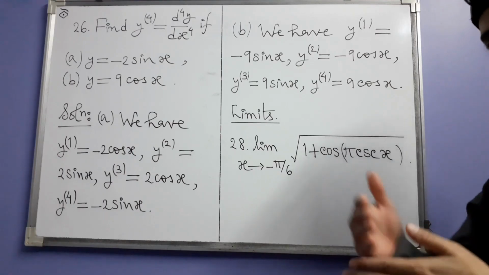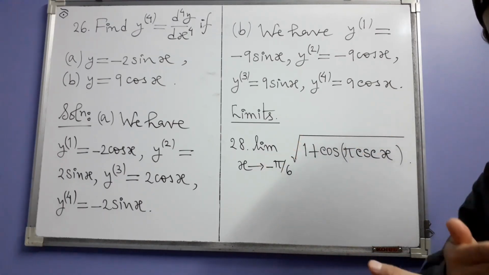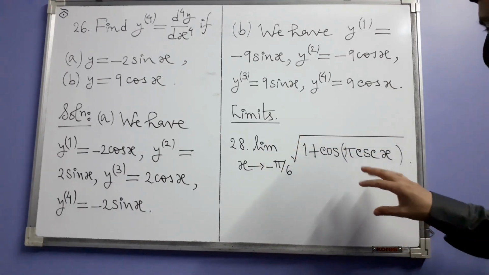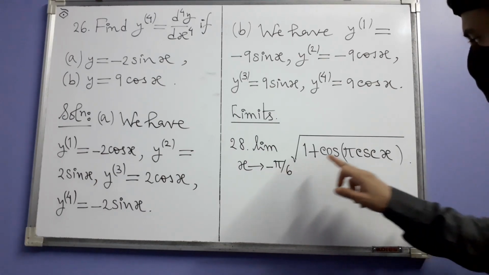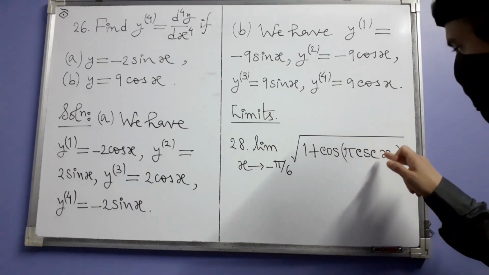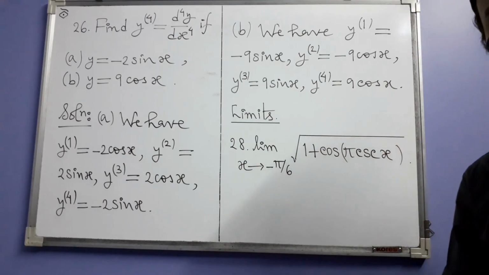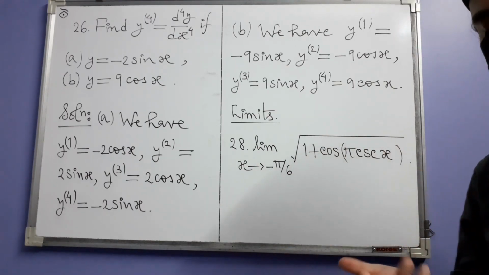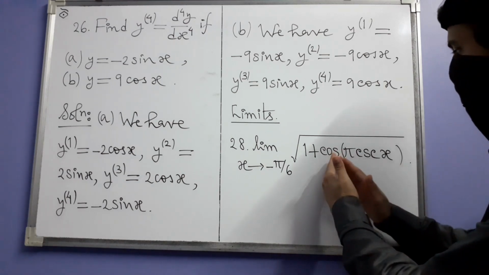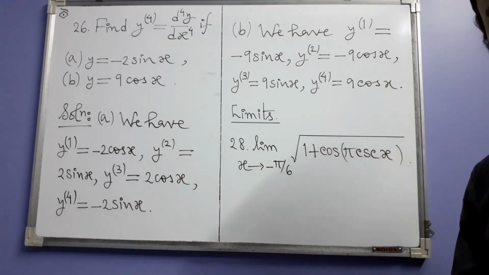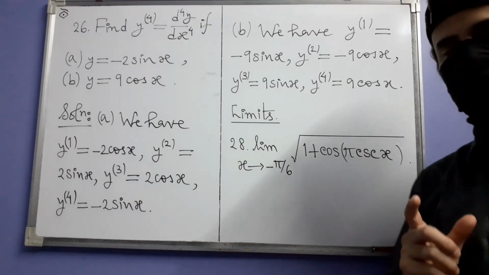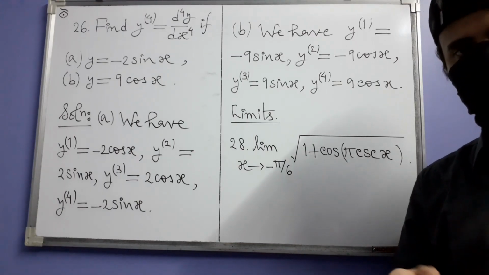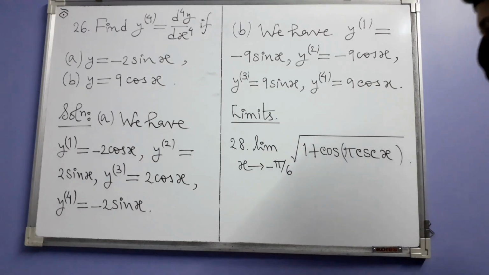Cosine function is continuous at every point on the real line. So in particular, the cosine function would be continuous at this point if you put x equal to minus pi divided by 6. But why? That is because this is a composition of two functions. And we know that when we compose two continuous functions, the composition is also continuous.